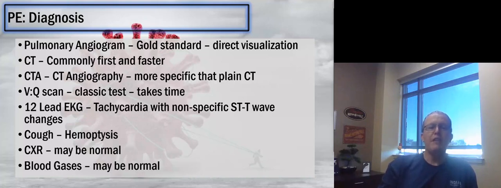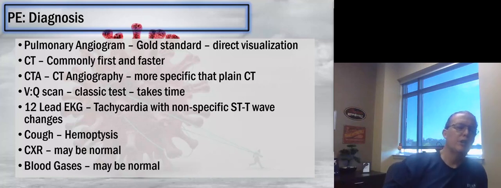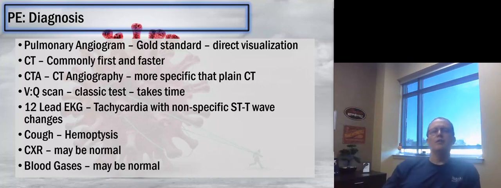In the past, a VQ scan, V for ventilation and Q for perfusion, was the classic test, but this test takes time. It takes a good 20 or 30 minutes to perform, and the test results can be murky. They may not necessarily be clearly diagnostic. They can have both false positives and false negatives, and the results, if it's neither one of those, can sometimes be non-diagnostic.